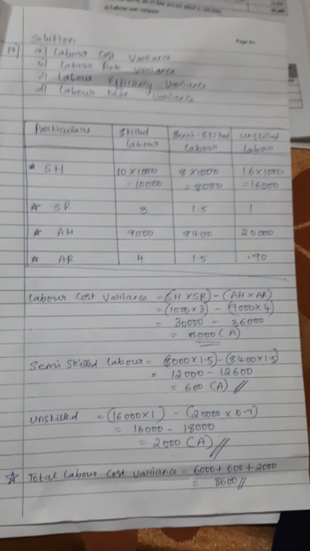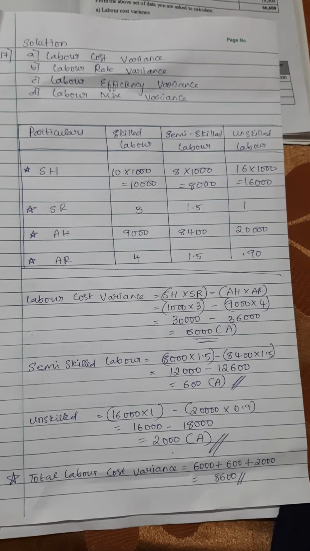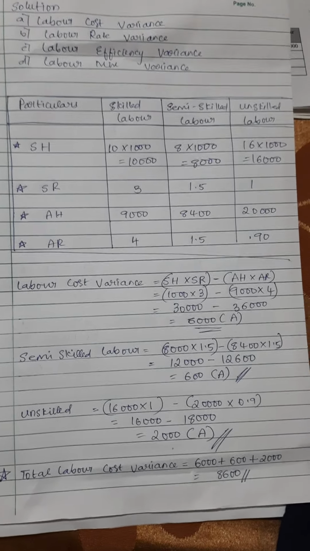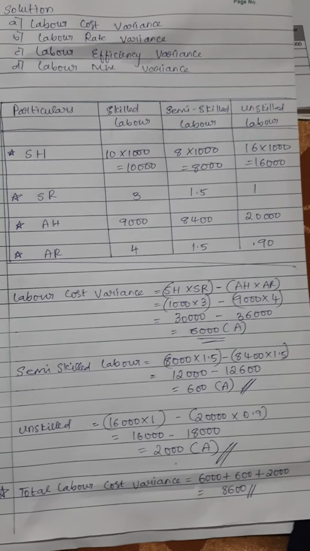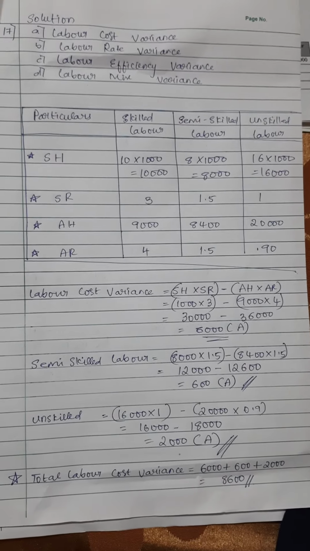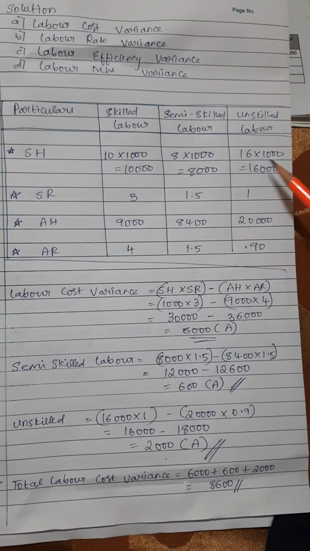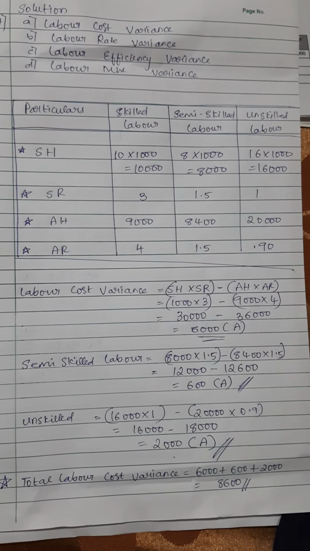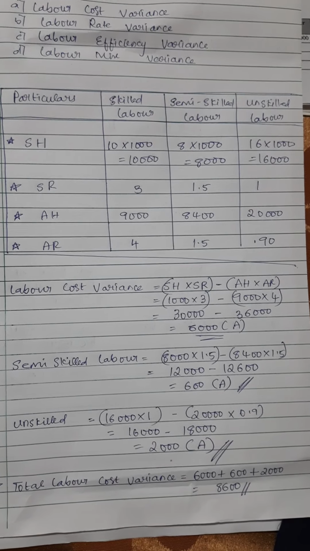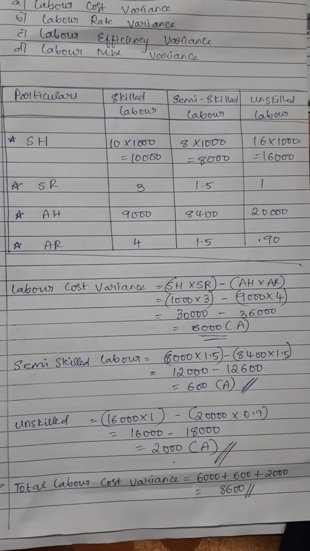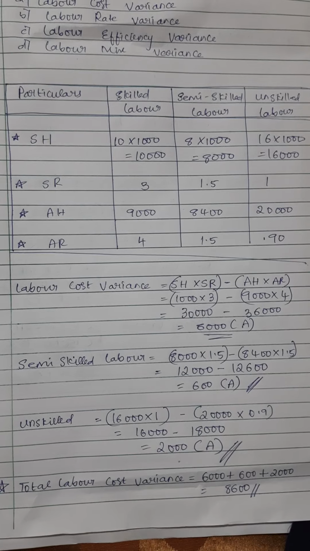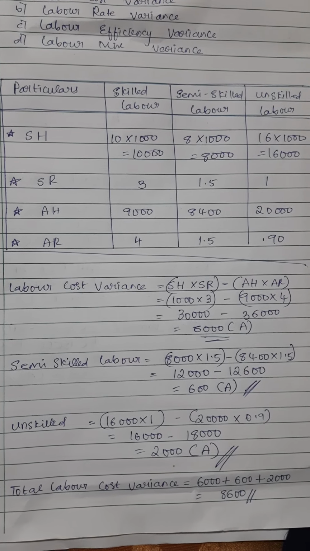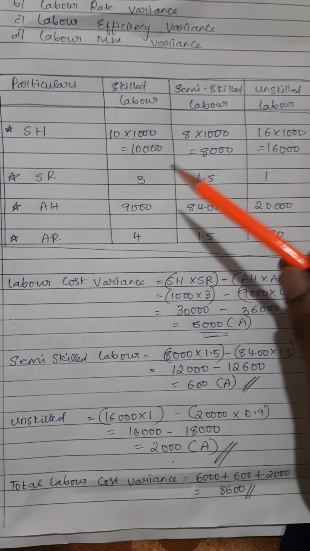This is the solution part. First thing we have to do is identify standard hour, which is not directly given in the question. So I'm going to identify standard hour for 3 kinds of labor: skilled, semi-skilled, and unskilled. For calculating standard hour, your formula will be labor hour into the actual production, which is 1000.